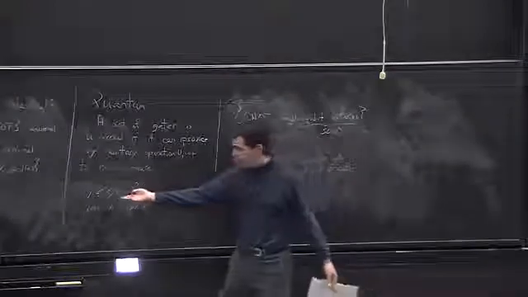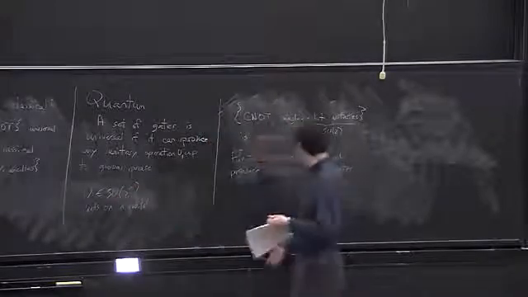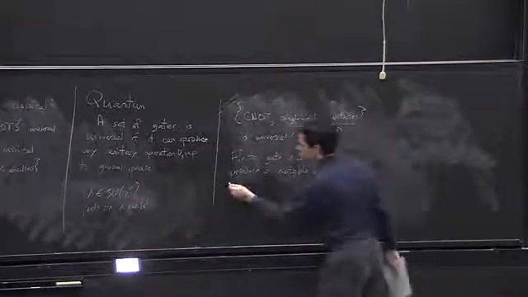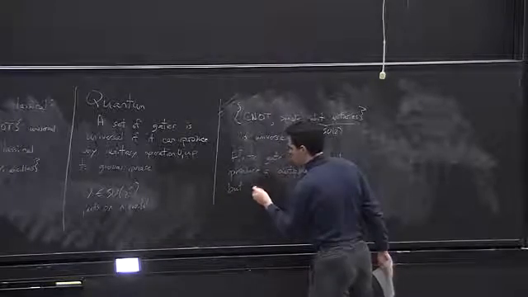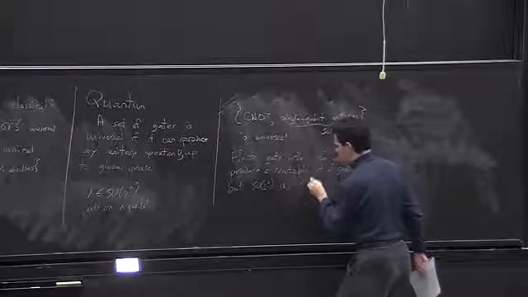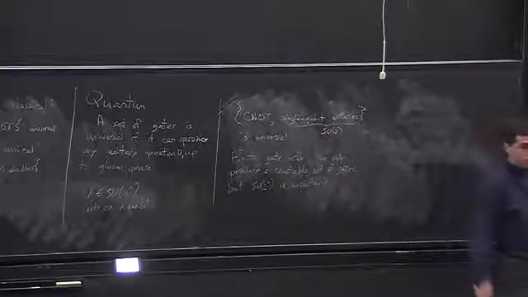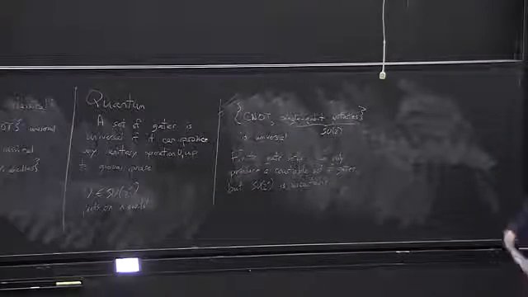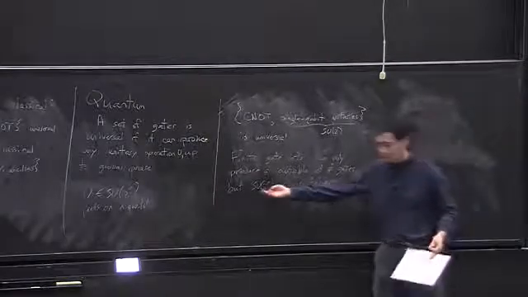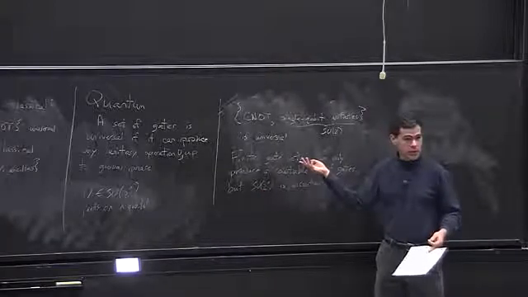But SU(2^n), that's the cardinality of the reals. It's uncountable. Okay, so that immediately tells you that it's not possible to get exactly every unitary gate using just a finite gate set to start with.